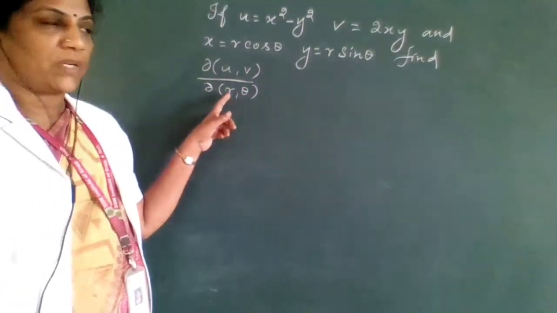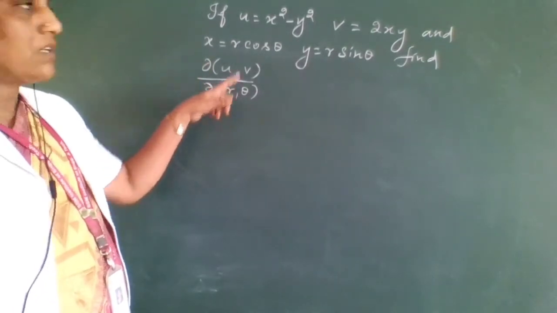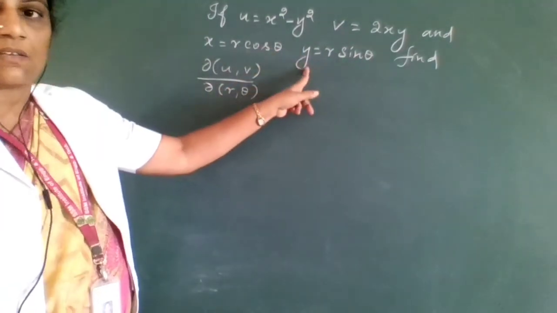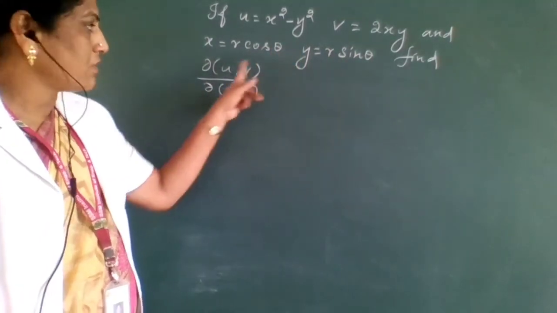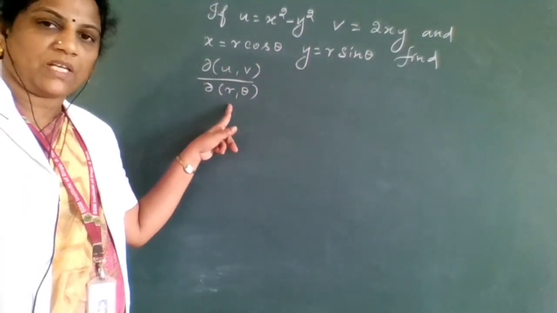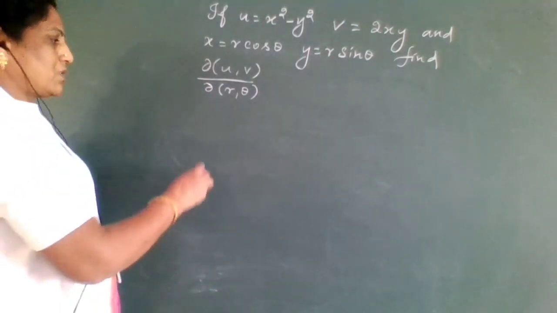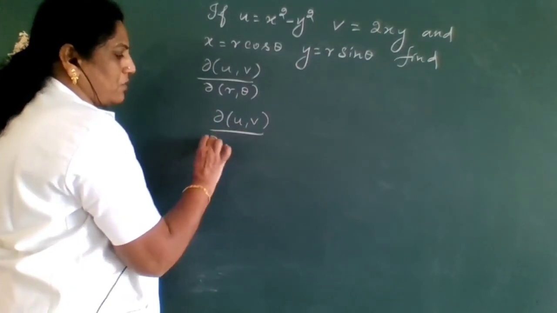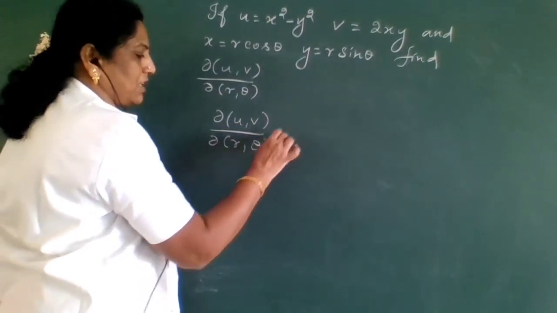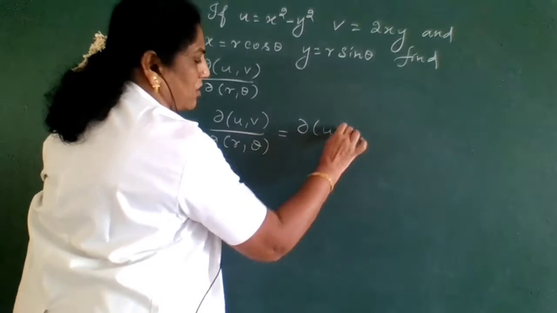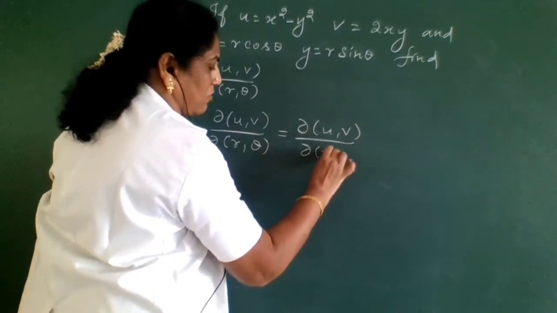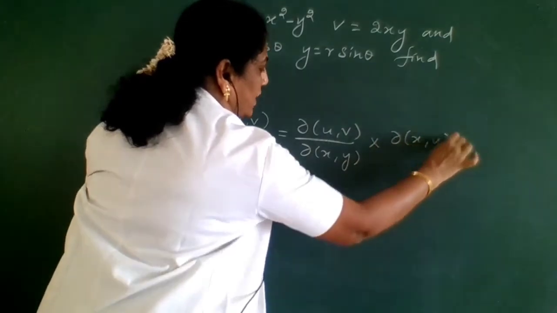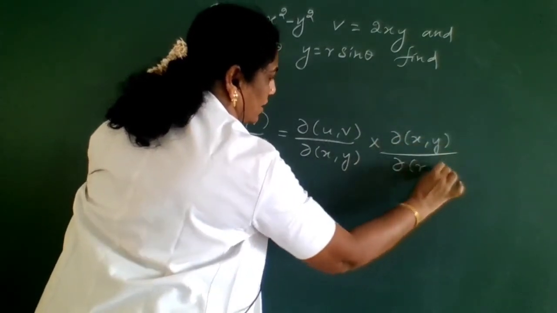Already we saw the chain property. Here u and v are functions of x and y, and x and y are functions of r, θ. So we have to find ∂(u,v)/∂(r,θ). By the chain property, we write it as ∂(u,v)/∂(r,θ) equals ∂(u,v)/∂(x,y) into ∂(x,y)/∂(r,θ).